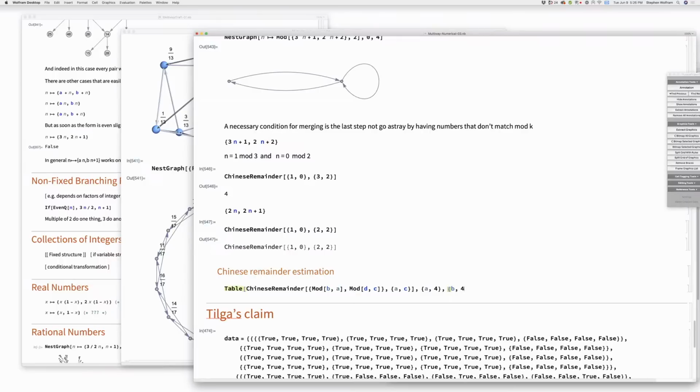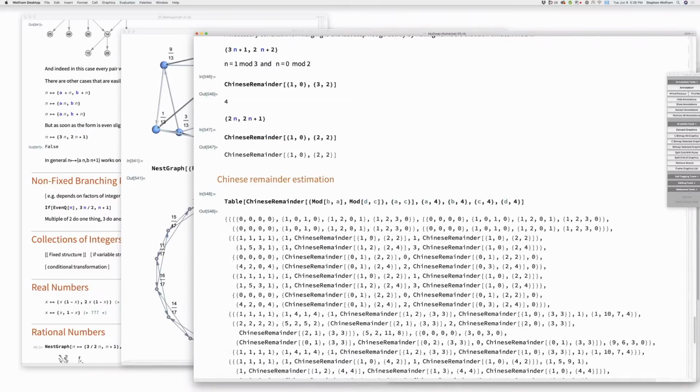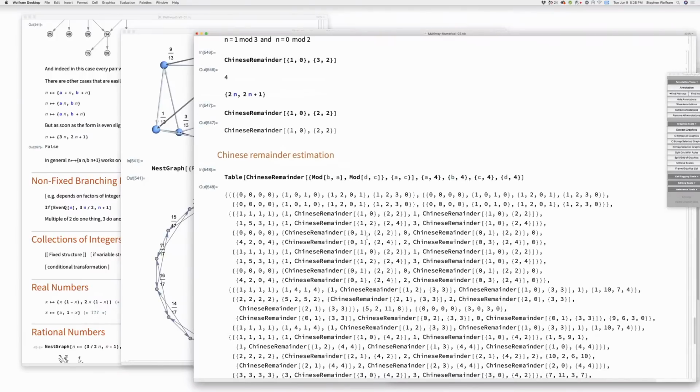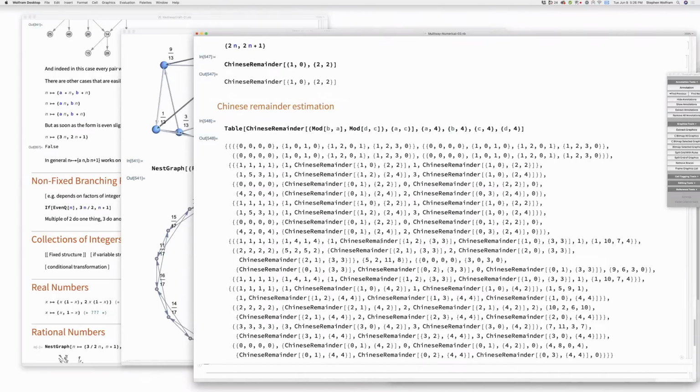Okay. A, B, C, D. C4, D4. Okay, so there are a bunch here. So let's replace the pure Chinese remainder by infinity, right? Is that the correct thing to do?